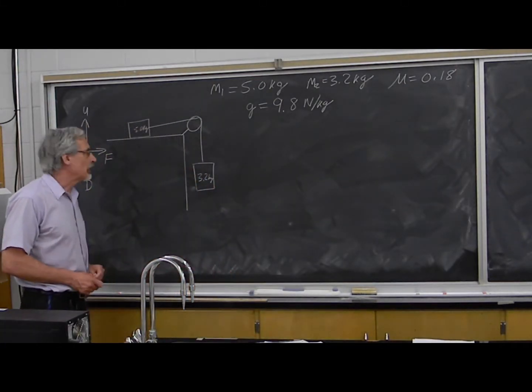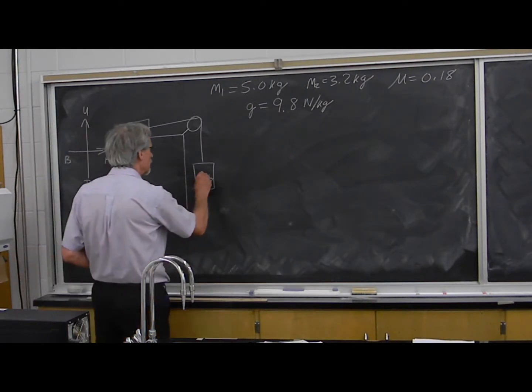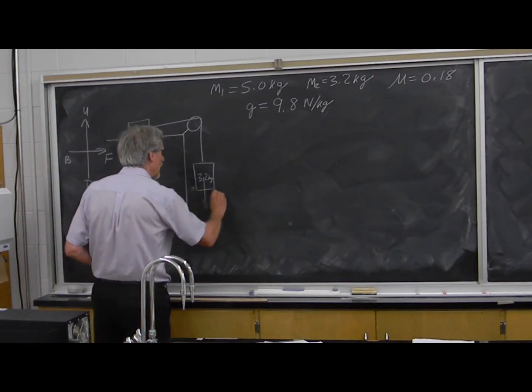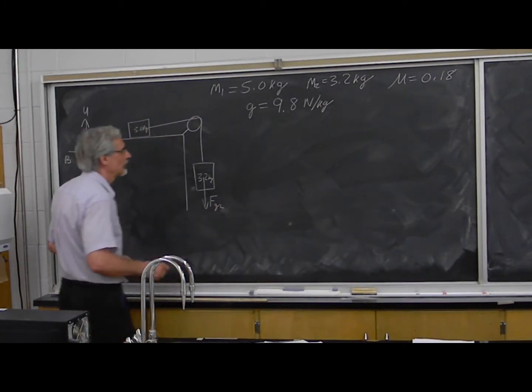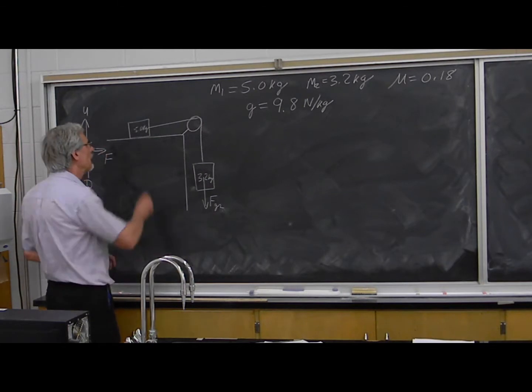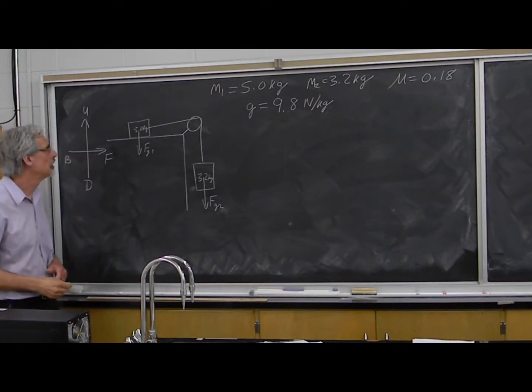Now we have to think about the forces that are acting on this system. So gravity will be acting on M2 downwards like that, and gravity will also be acting on mass 1.